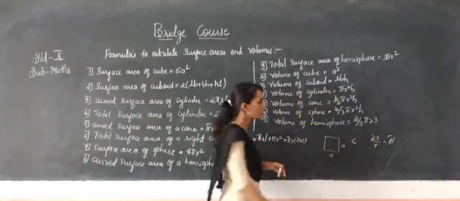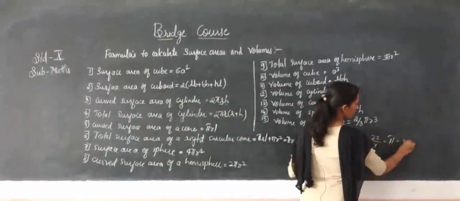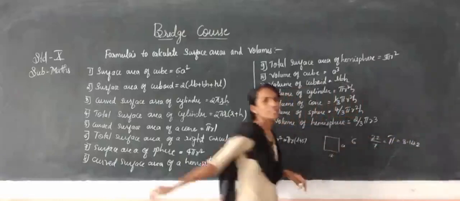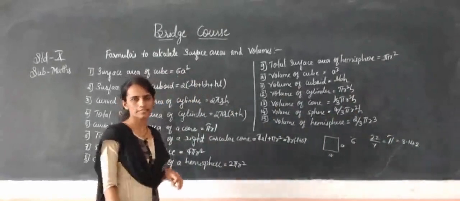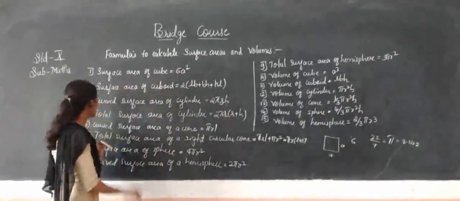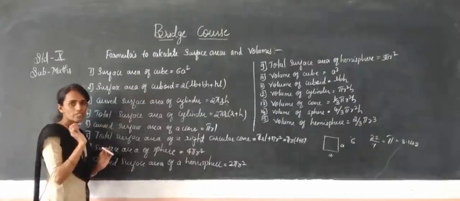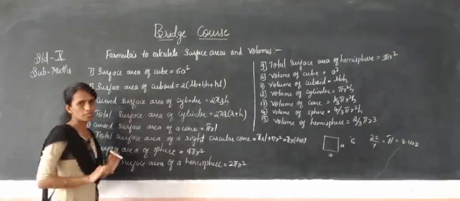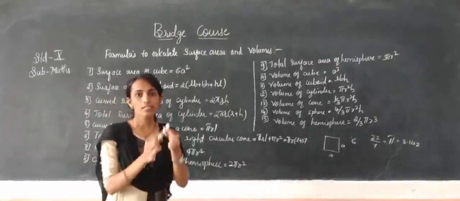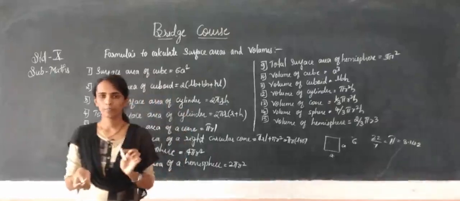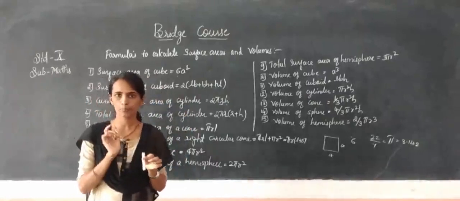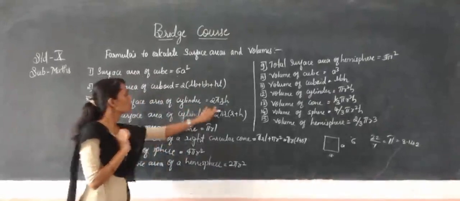That is the standard value. We saw the curved surface area; next is the total surface area. Total surface area means the curved surface area plus the base and top areas; we have to add both to the curved surface area.